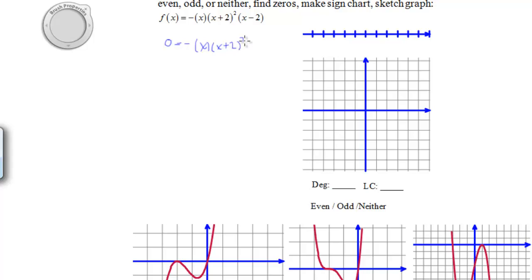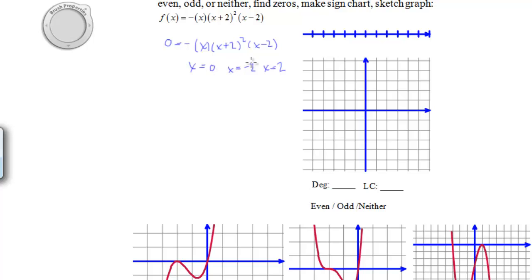And you'll just be looking for the x values that make the polynomial equal to 0. So there are 3 of them, and this is very similar to solving polynomial inequalities that we have done last semester, or last chapter.